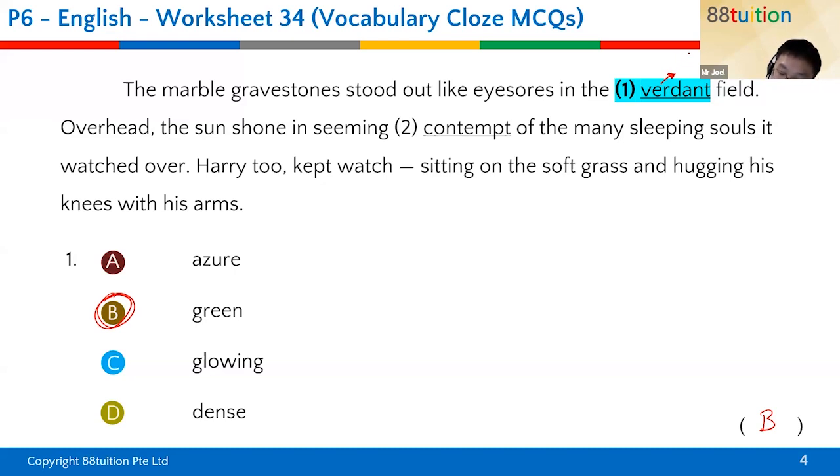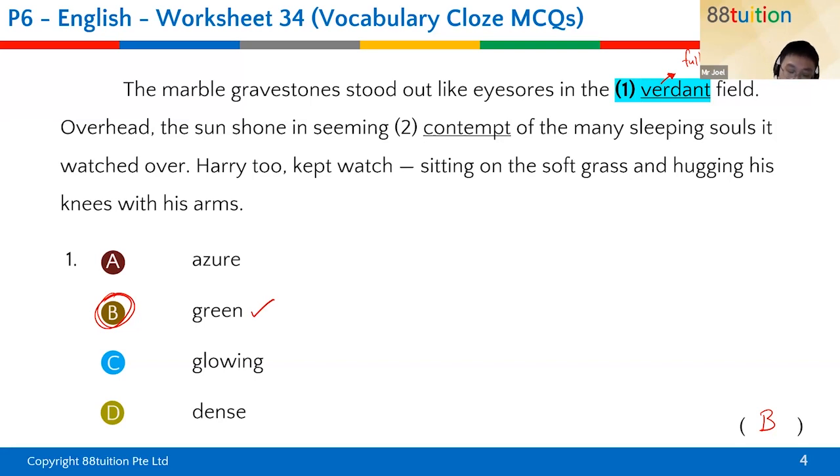So verdant meaning full of life, or it could also mean full of nature. Therefore, green would be the best answer over here, because when something is full of life, normally there's a lot of plants growing around there. And most plants are green in nature simply because of the chlorophyll that they need to possess in order to photosynthesize. So therefore, a good synonym for this is green.